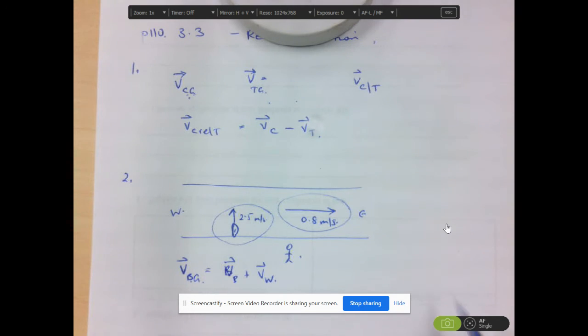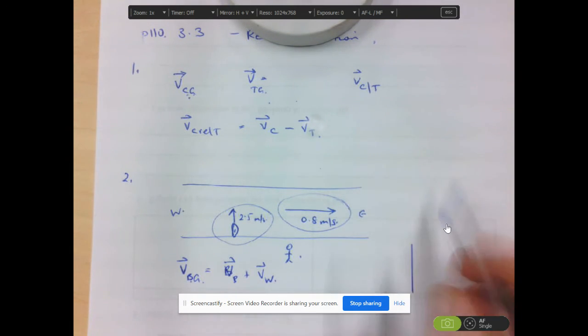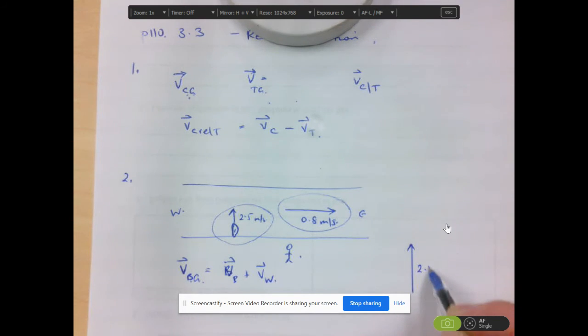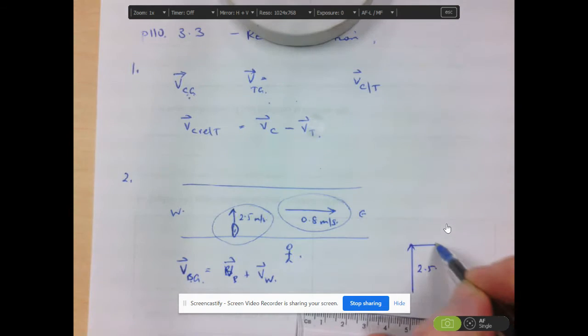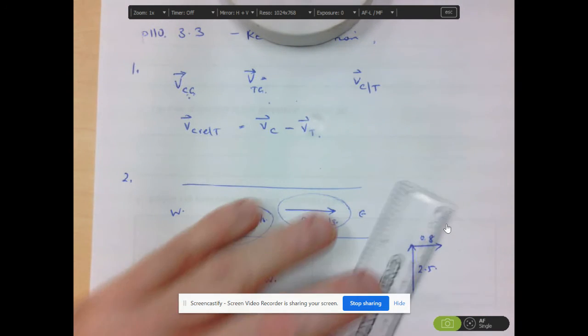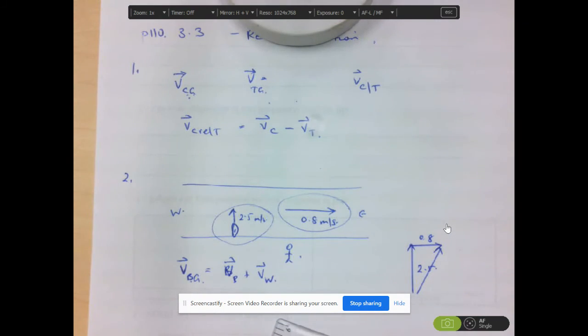Let's do that. If we add them, the velocity of the boat is 2.5 meters per second north. The velocity of the water is 0.8 west. So the actual boat would start to move in that direction, at that angle.